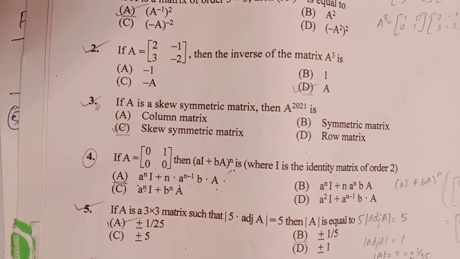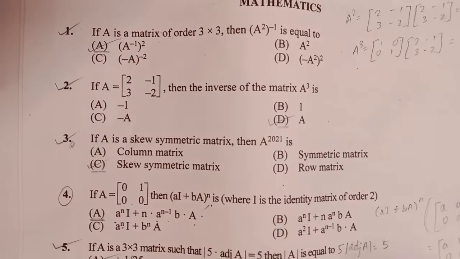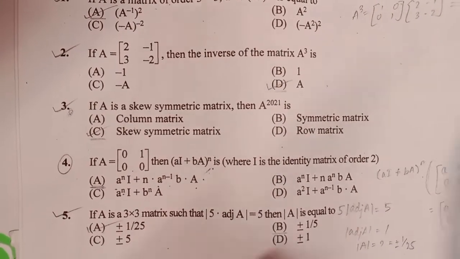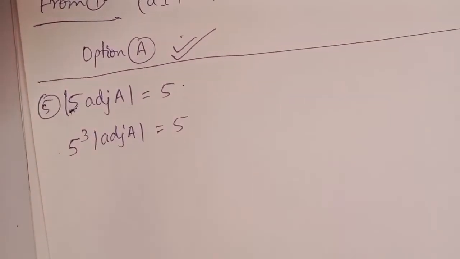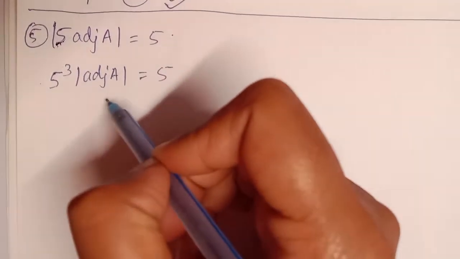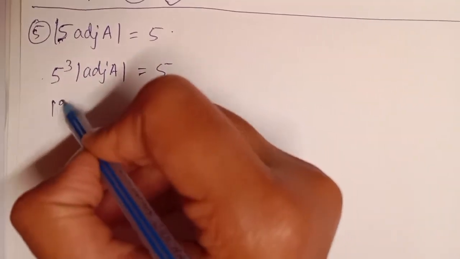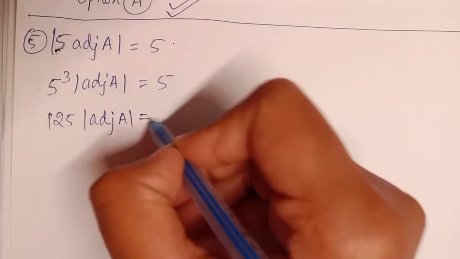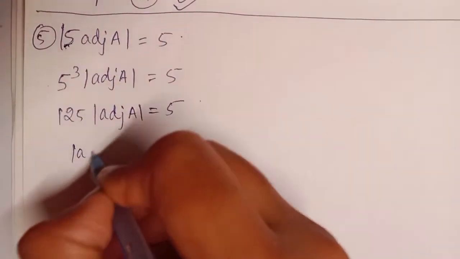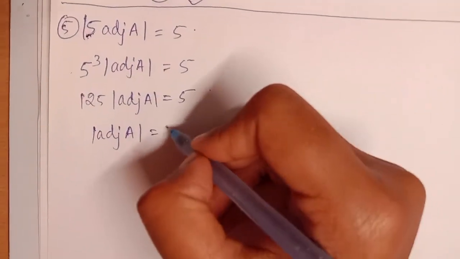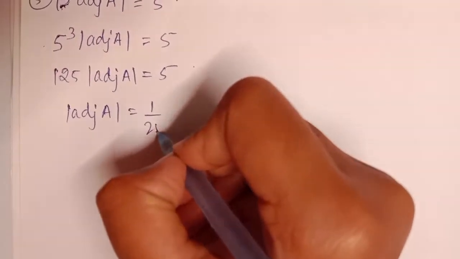Now, n is the order of the matrix, and the order of the matrix is given as 3 into 3. So we use 3. So we get 5 cube into determinant of adjoint A. So this becomes 125 times determinant of adjoint A is equal to 5. So determinant of adjoint A is equal to 1 by 25.